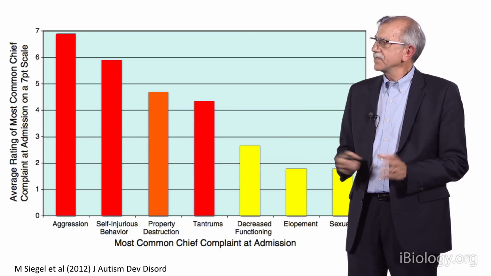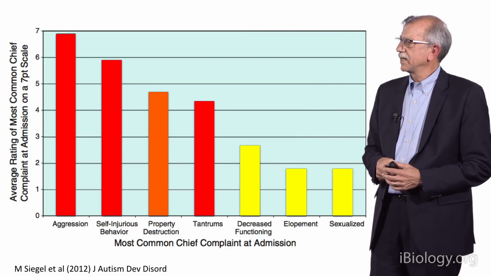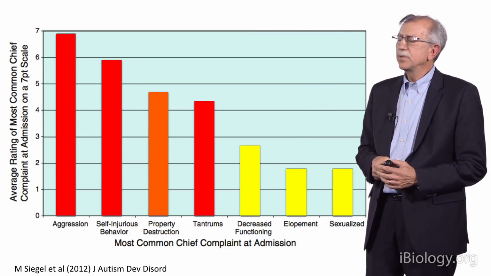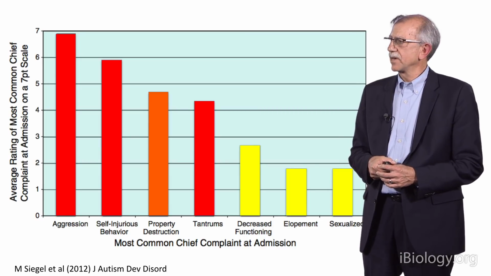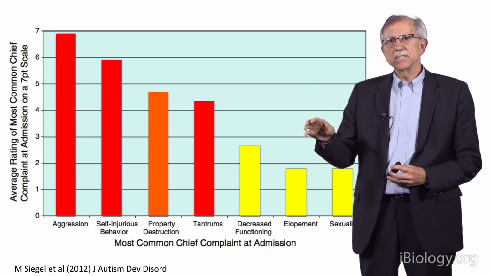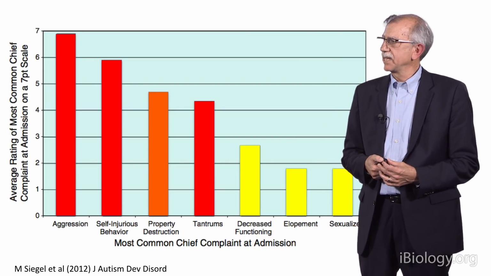conditions. Now, this is a slide taken from Matt Siegel's group that incorporates reasons for psychiatric hospitalization in children and adolescents with autism at centers that have been specifically set up to support children with autism and their psychiatric illness.